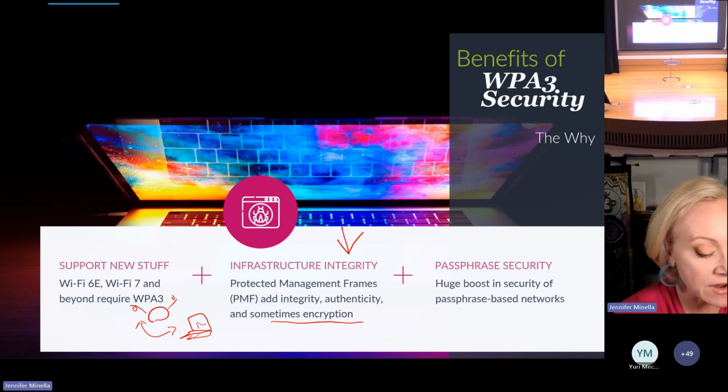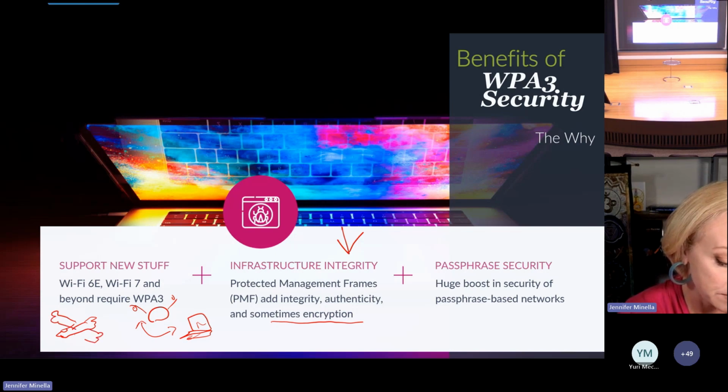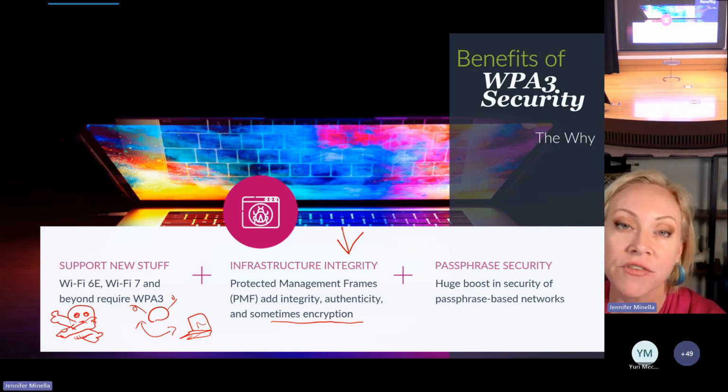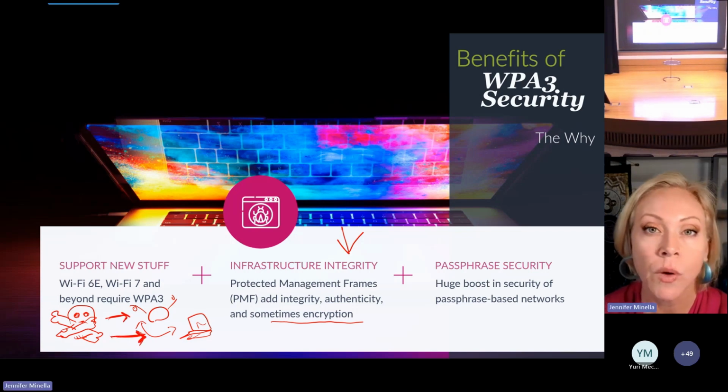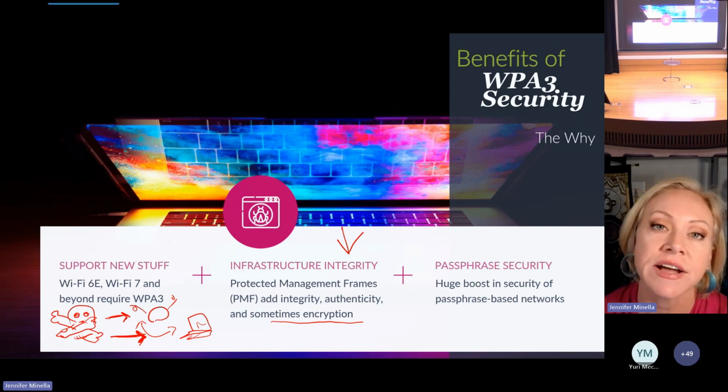So an attacker coming in over here could send, oh, that's supposed to be a bone. So just pretend that's a bone and a little skull. There we go. Okay, so our attacker can come over here and send spoofed management frames to one endpoint, all of the endpoints, several endpoints, or to the access point.